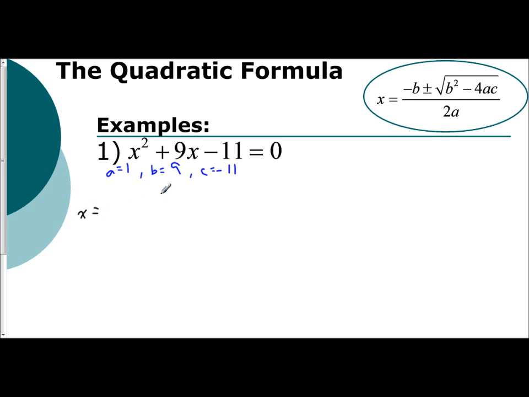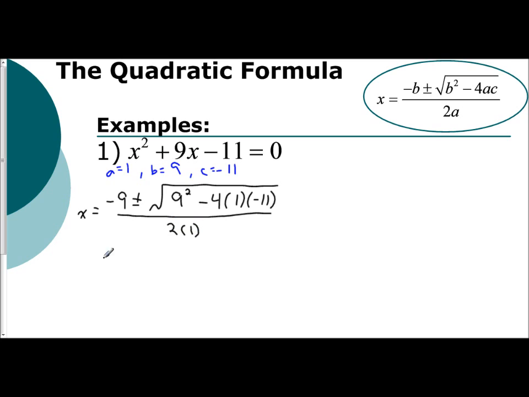X equals negative b, so negative 9, plus or minus the square root of b squared, so 9 squared, minus 4 times a, which is 1, times c, which is negative 11, all over twice a, which is 1.